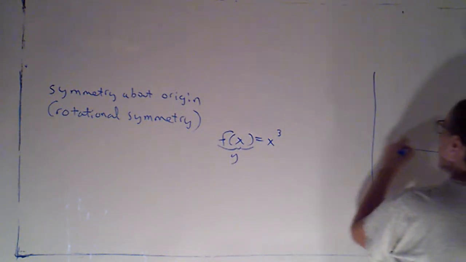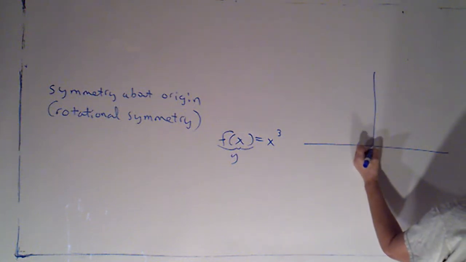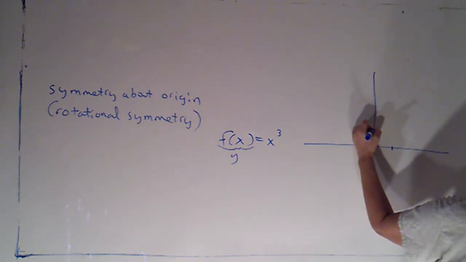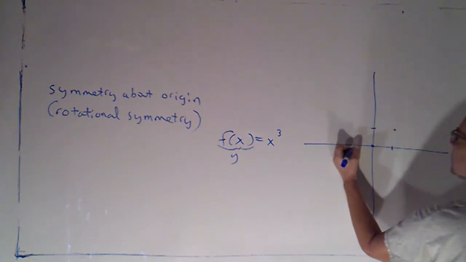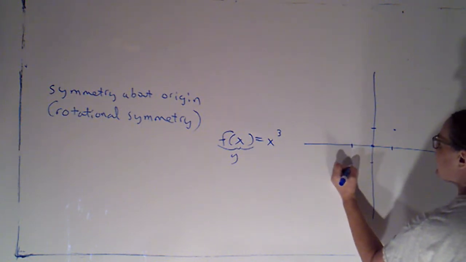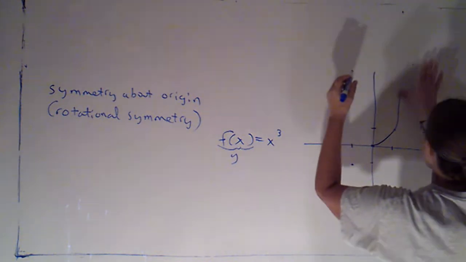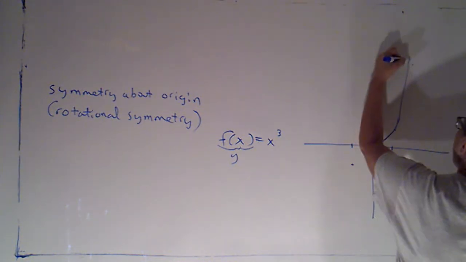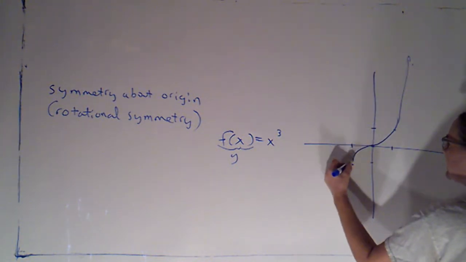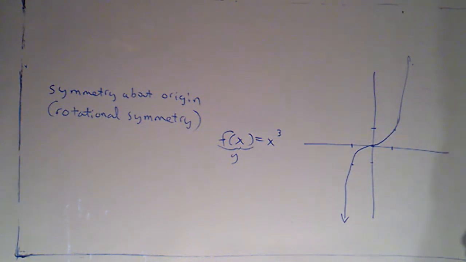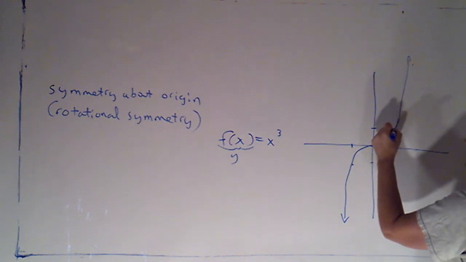Now, when we were plotting this, if you remember, the origin was on here, and then we had the point 1, 1, and we also had the point negative 1, negative 1. Well, it turns out those points are mirror image points under this type of symmetry. So the point 1, 1 here would look in the mirror.